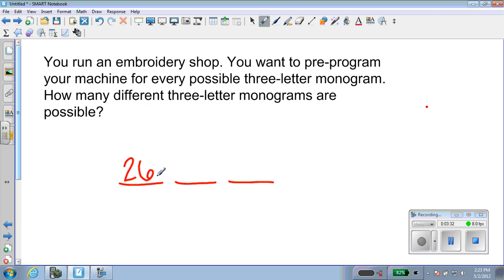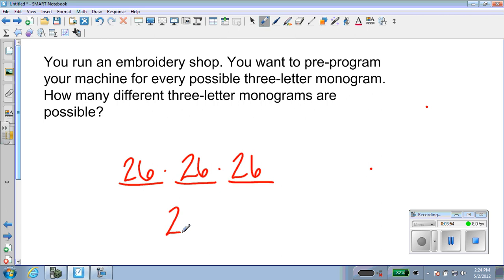It's possible that the second letter in the monogram, which is usually your last initial, could be the same as your first initial. So we still have 26 choices for the middle letter in our monogram. And the third letter in our monogram, which is usually your middle initial, could also be 26. So we're going to multiply these things.